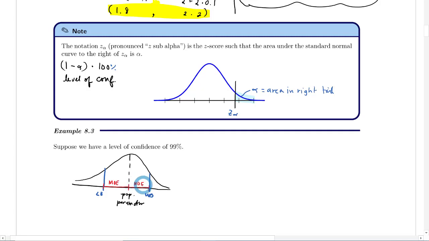The ME. And so if I wanted to relate it to what we were doing prior, I would shade this, right? And this would be the middle 99% confidence, right?